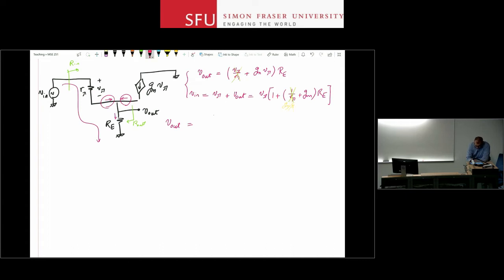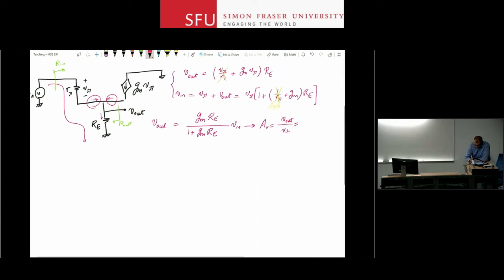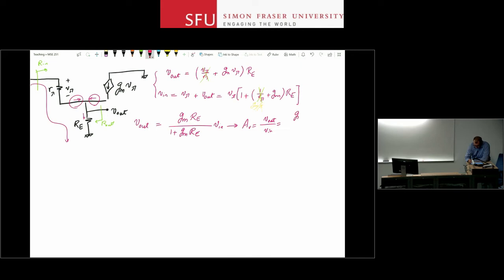So it's going to be GM RE times V pi, and V pi is found from this expression here, divided by 1 plus GM RE times V in. Or from here, I can see that the voltage gain, if I divide the output to the input, is GM RE over 1 plus GM RE.